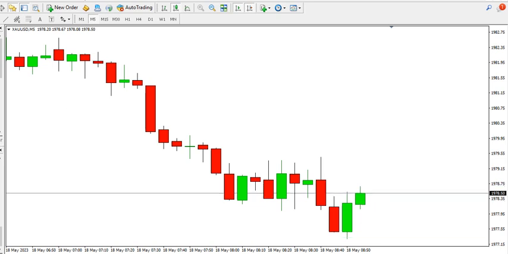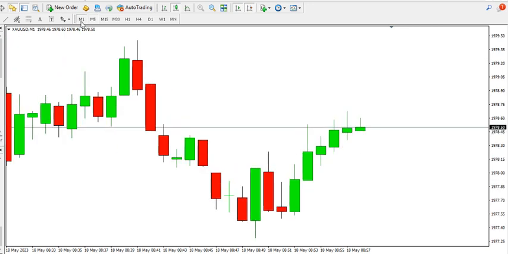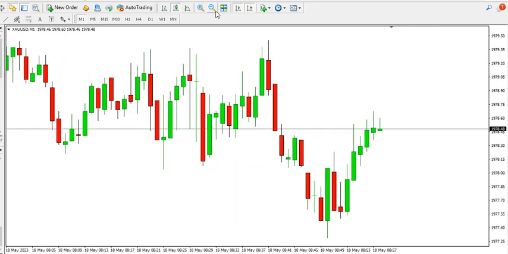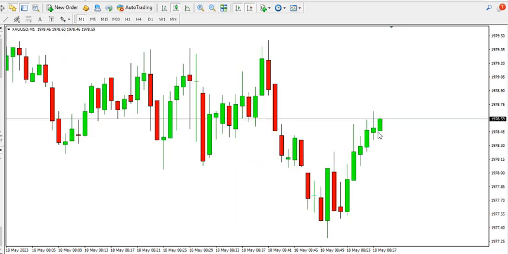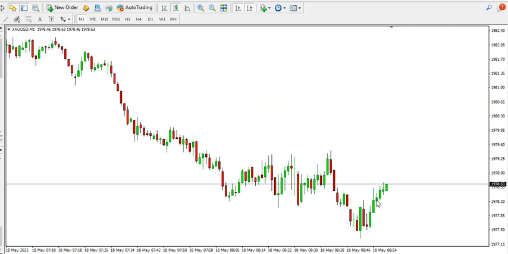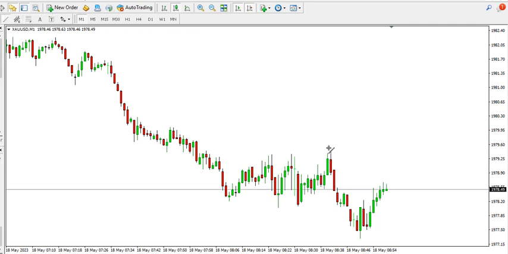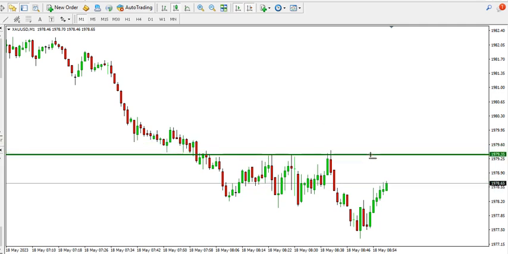On the 1-minute time frame, what do we have? You can see a bit of recovery as the buyers try to push the price of gold up. But the stop loss area is above this other block.